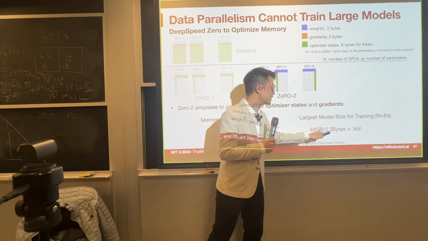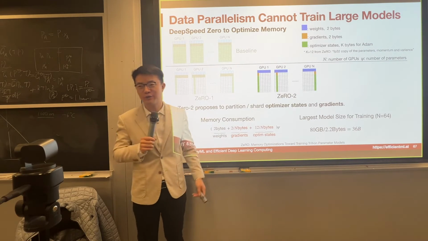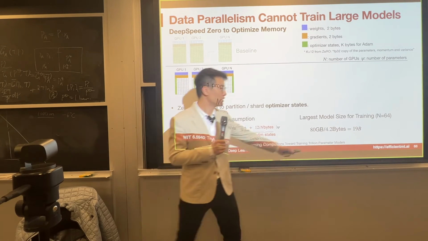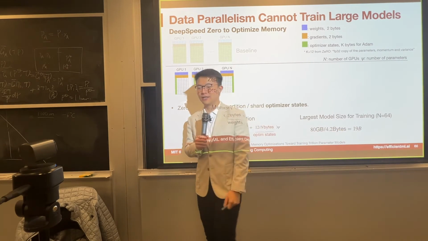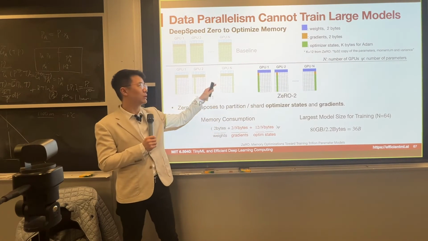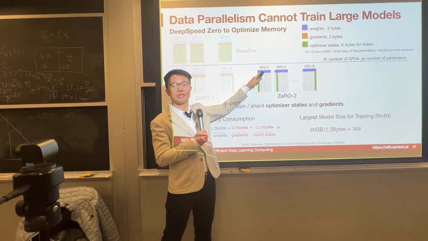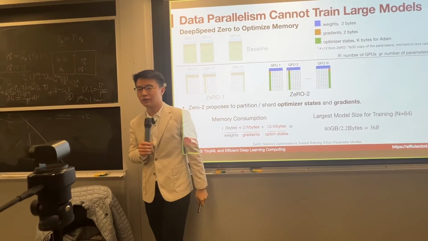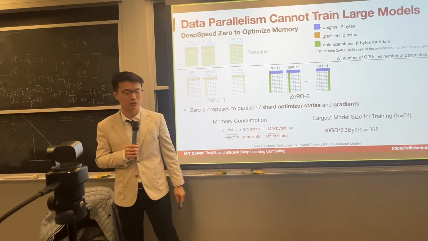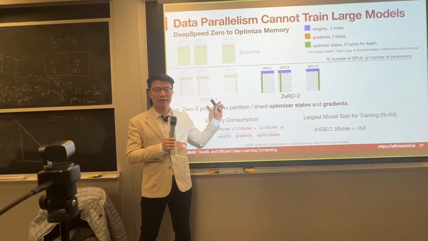If we divide 80 gigabytes by 2.2, we can fit a 36 billion parameter model. Even better, almost doubled than ZeRO-1. So from ZeRO-1 to ZeRO-2, we not only shard the optimizer states, but also the gradients. In practice, ZeRO-2 is a lot more widely used than ZeRO-1.